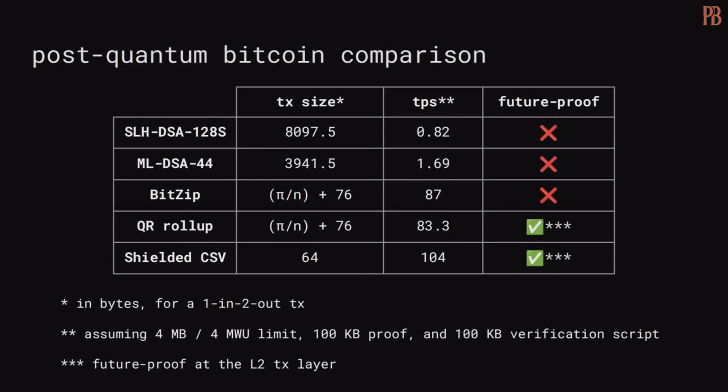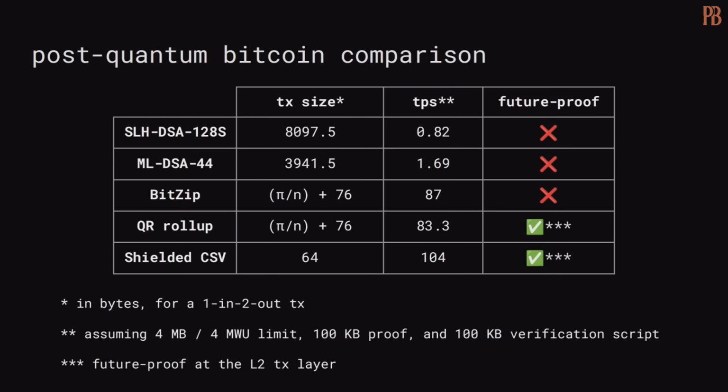And this future proof column is referring to the fact that if there are improvements to the post-quantum signature system, or if a bug was found and we need to fix the bug, this would require a consensus change.